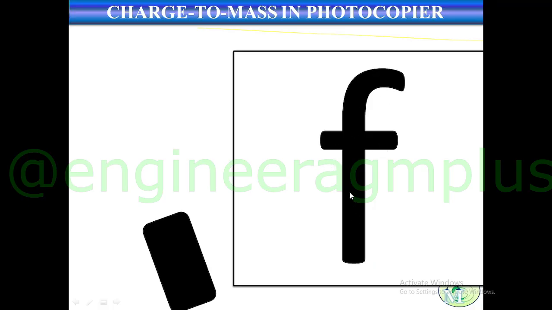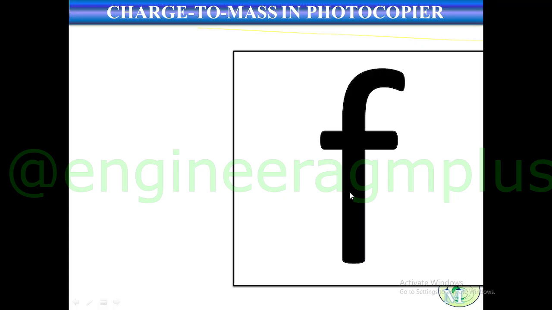You can see the image there. After that, the diffuser produces heat, which makes the image permanently stick to the paper that is picked from the tray. As I said earlier, not only heat, but pressure.